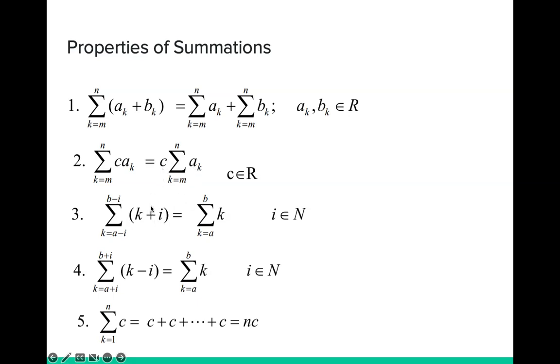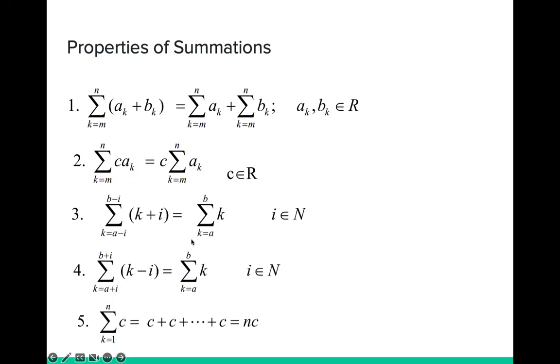Another property is, suppose we have the summation of k equals a minus i to b minus i of k plus i. This is equivalent to the summation of k equals a to b of k.